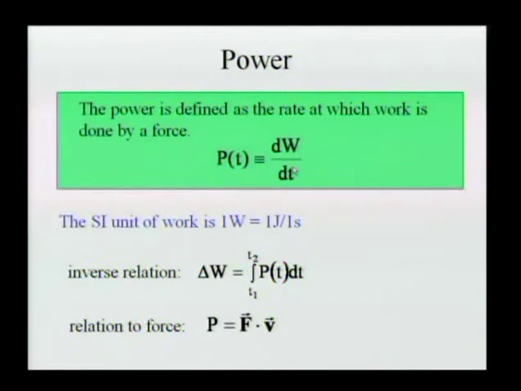So if on a certain particle we exert a force F and the particle moves with velocity v, then this scalar product will give us power. All right, so this is how we can calculate work when we know time dependence of power.